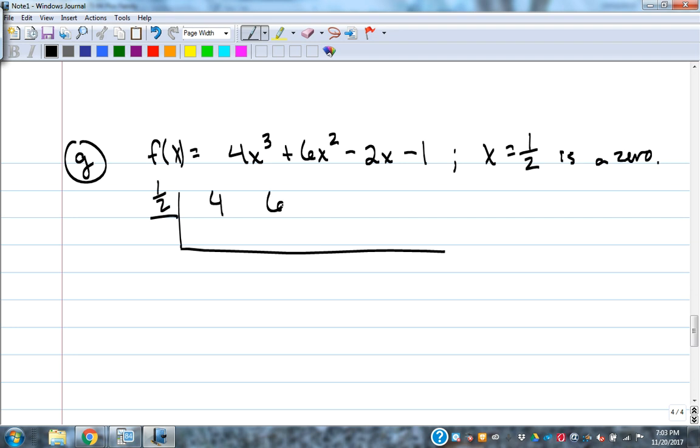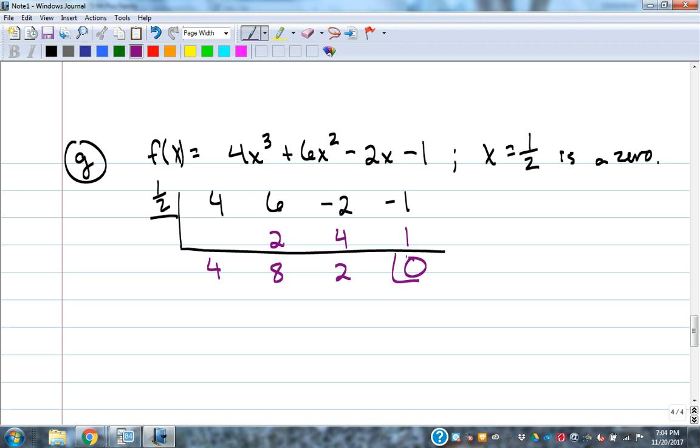It's a fraction, but it's just a number. It does work pretty nice here because I take that 4 and drop it down, and then multiply half of 4 is 2. So I don't really have to deal with fractions too much here. That's 8. Half of 8 is 4. Half of 2 is 1. I end up with 0. So that works out really nice.